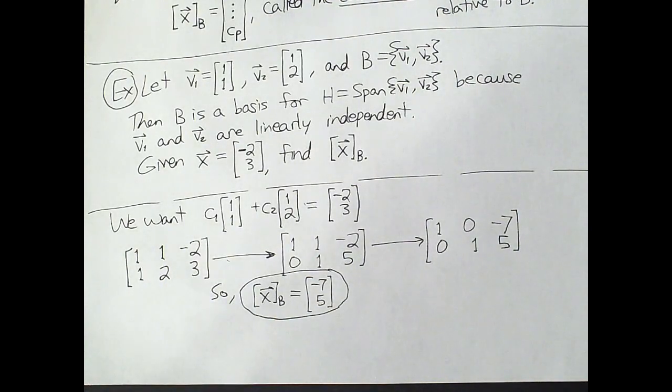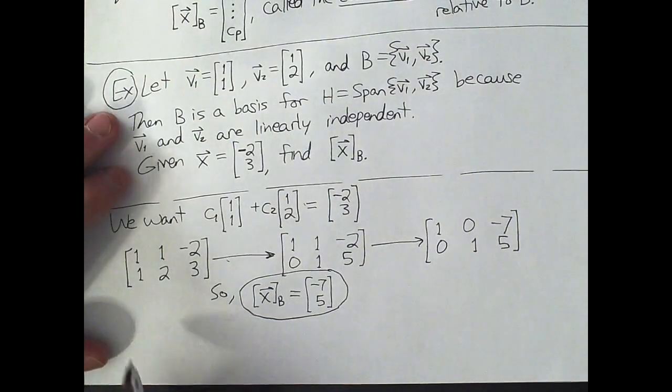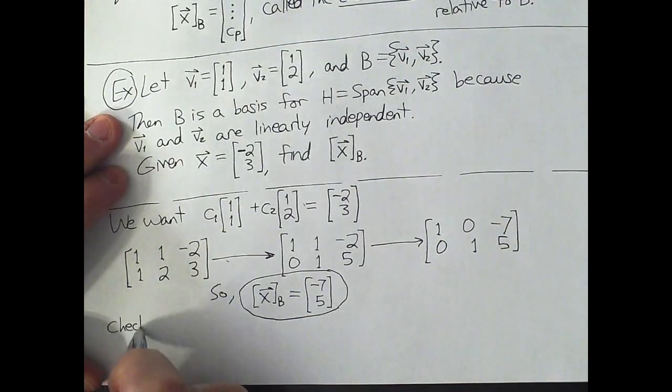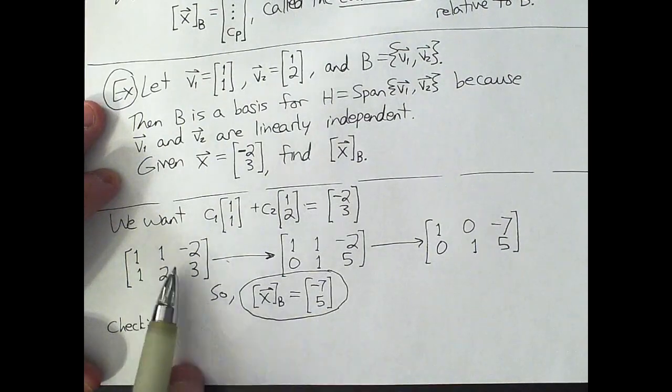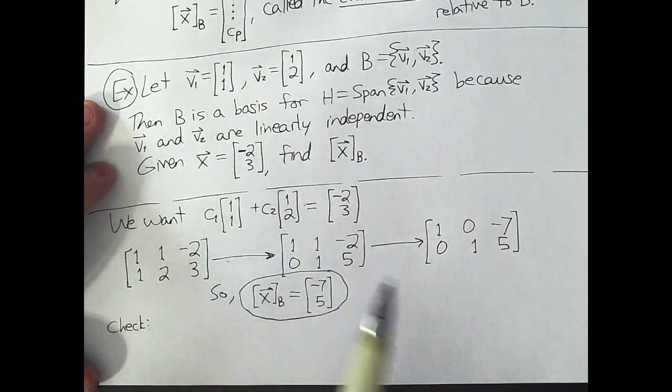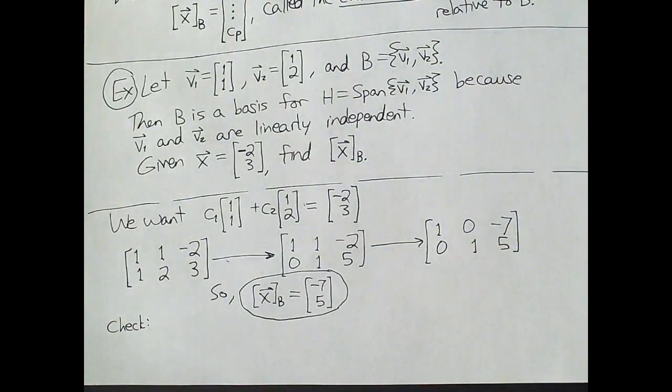Can you think of a good way to check this answer? That's a follow-up question for you. Besides going through these steps again, and of course you could always go through these steps again, make sure you didn't make any arithmetic errors. But there's another way to check this.